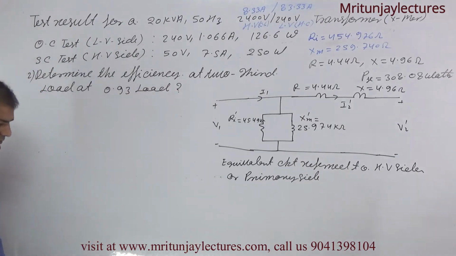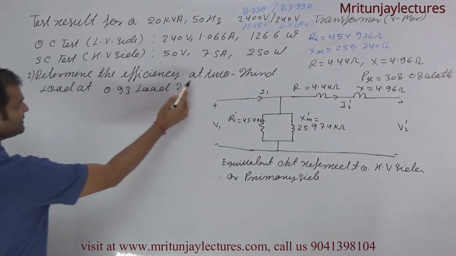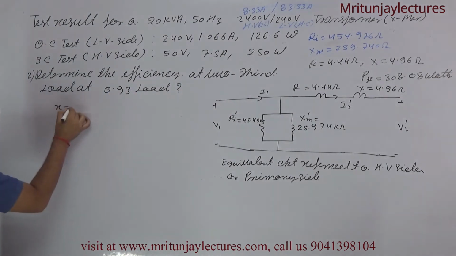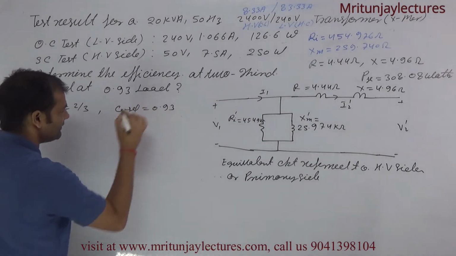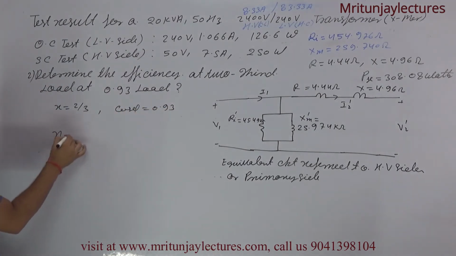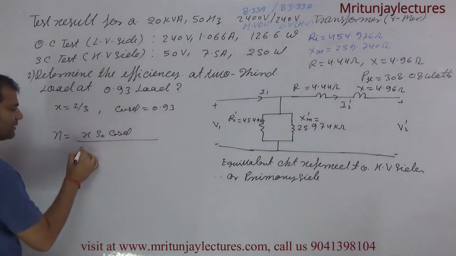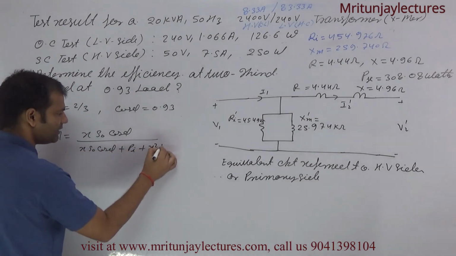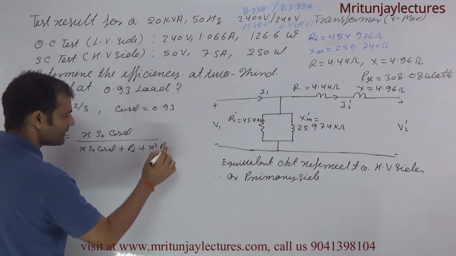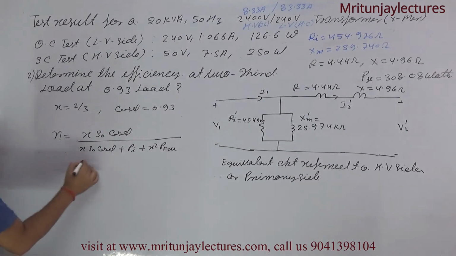Our motto, second part: determine the efficiency at 2/3 load. It means x is equal to 2/3 and cos phi is equal to 0.93. The formula of efficiency is x into S naught cos phi divided by x into S naught cos phi plus Pi plus x square into full load copper loss. What about S naught?